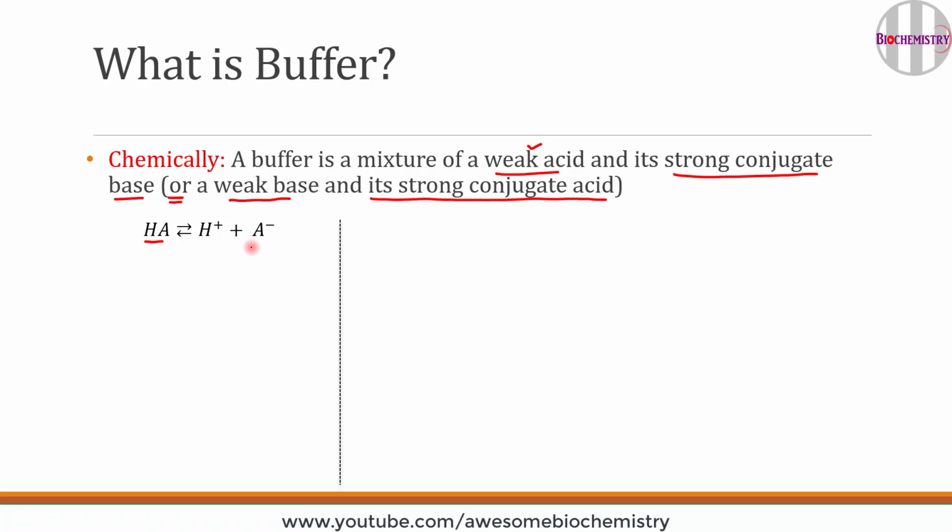Now whenever any dissociation is at equilibrium, we can always define its equilibrium constant, which is some constant number. So for this particular system, the equilibrium constant is equal to the product of the molar concentration of the right side reactants divided by the product of the molar concentration of the left side reactants.